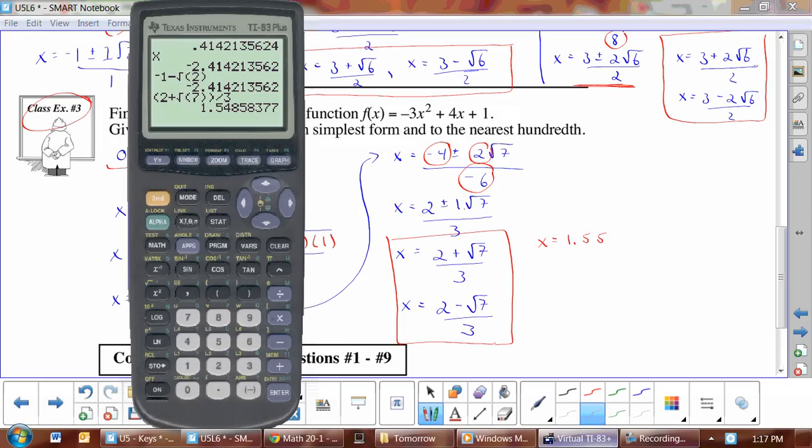And if you're doing this, make sure that you put what's on top in brackets, or else it'll only divide the square root of 7 by 3, not the 2. And you get 2 minus square root of 7 divided by 3.